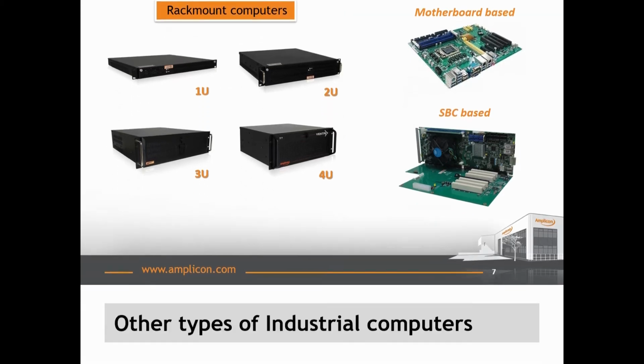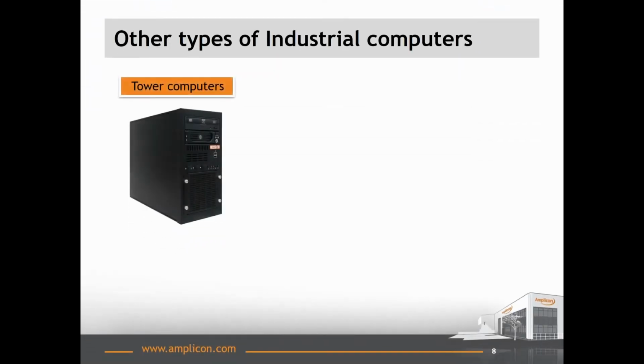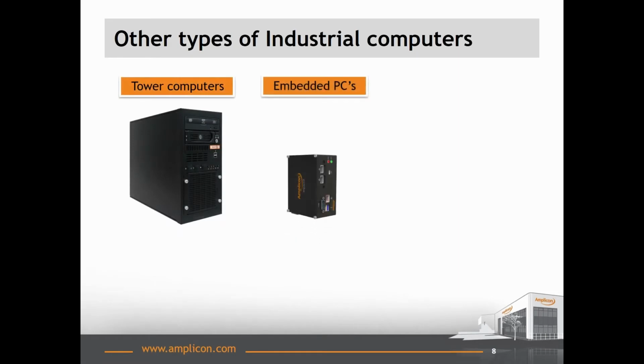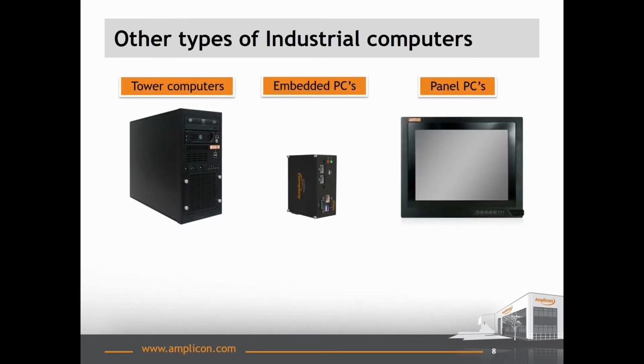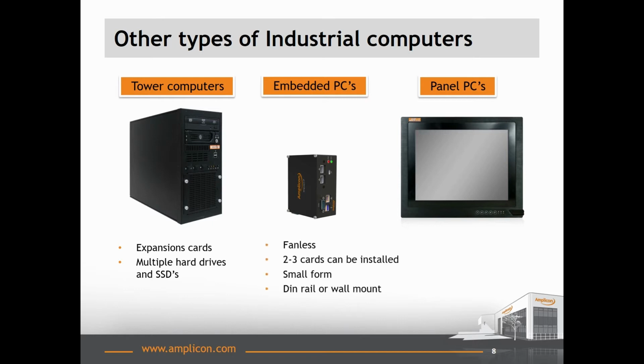Other popular forms include tower PCs, embedded PCs, and panel PCs. Tower computers give you the option to have a good number of expansion cards, as well as multiple hard drives and SSDs. Embedded computers are typically fanless, might have the capability to install 2 to 3 cards, and are typically small form factor, capable of being mounted by DIN rail or wall mount.